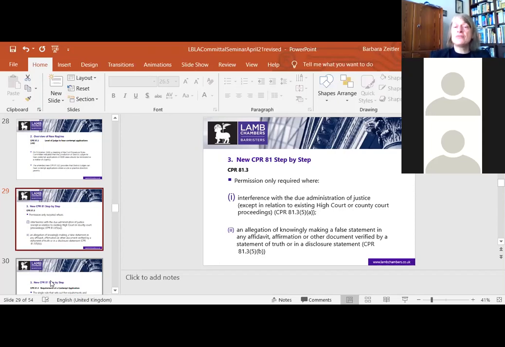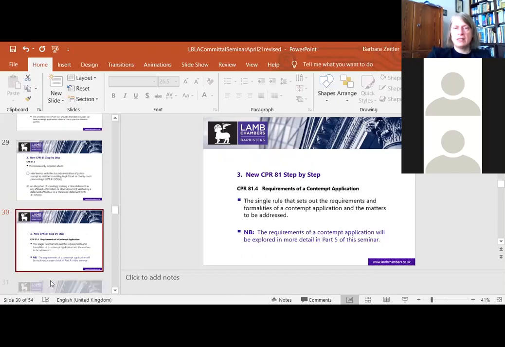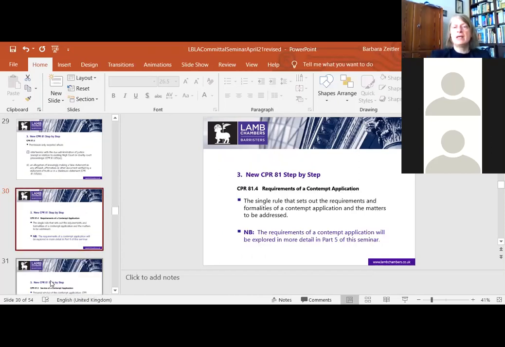They are interference with the due administration of justice and an allegation of knowingly making a false statement. But as I highlighted right at the start of our seminar, that is not something with which we are particularly concerned today.